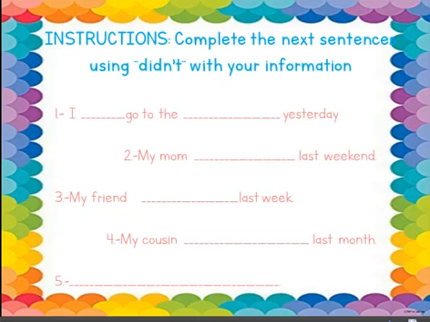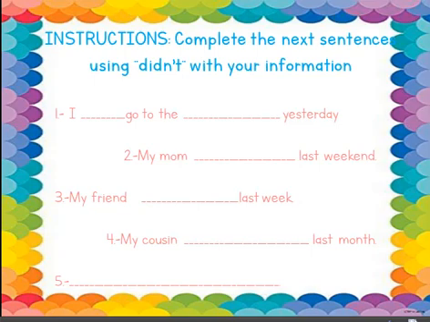Very good. So let's check our answers. As I told you, probably you have different answers to my answers, and that's okay. You just have to check some elements that have to be similar to mine, okay? Let's check.